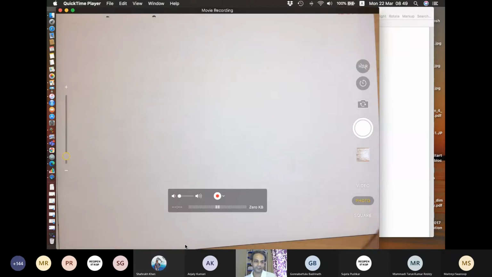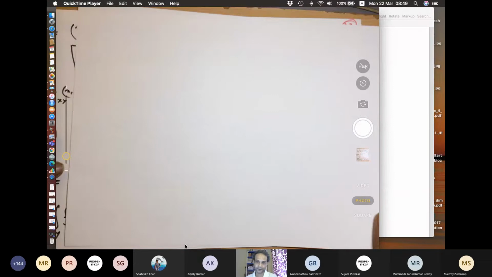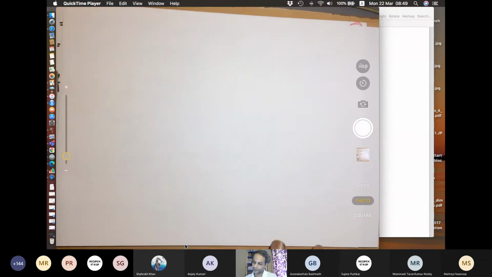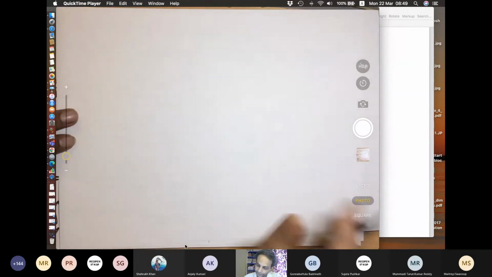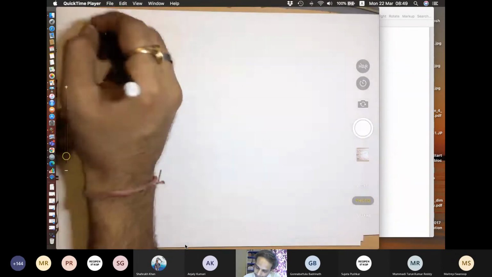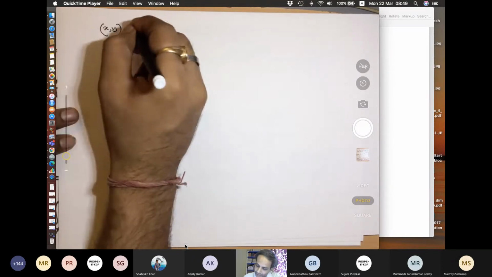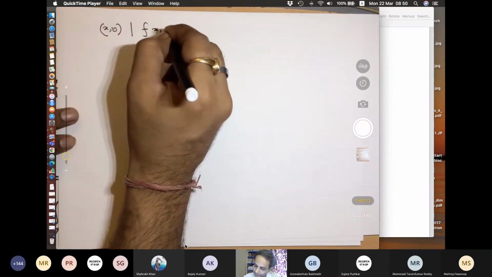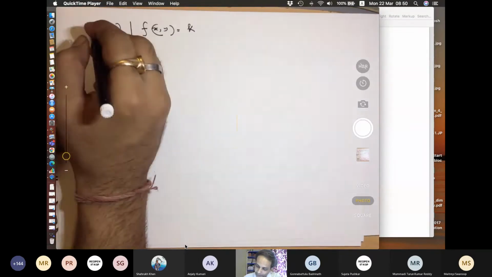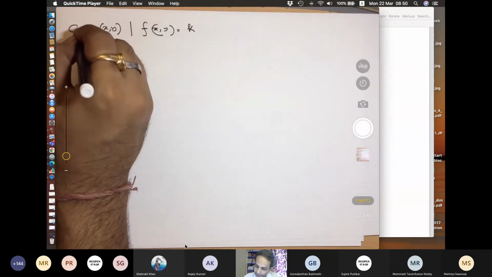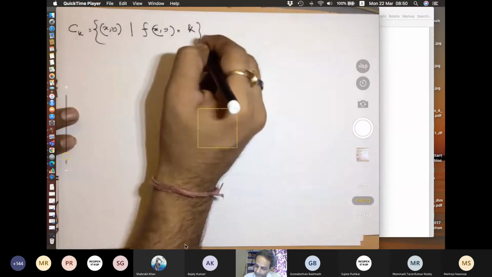So technically speaking, we are looking for all those pairs of xy values such that f(x,y) is some constant, let us say k. If I change the value of k, this will change.